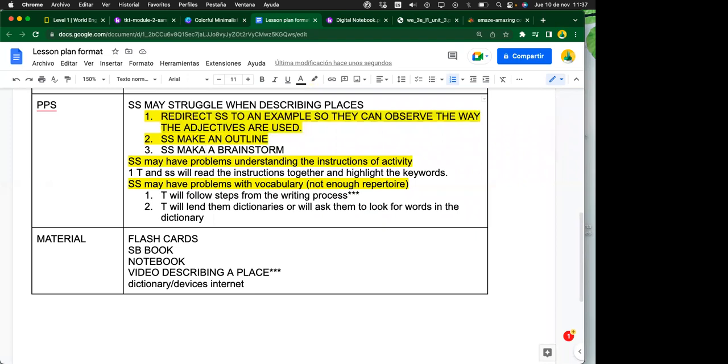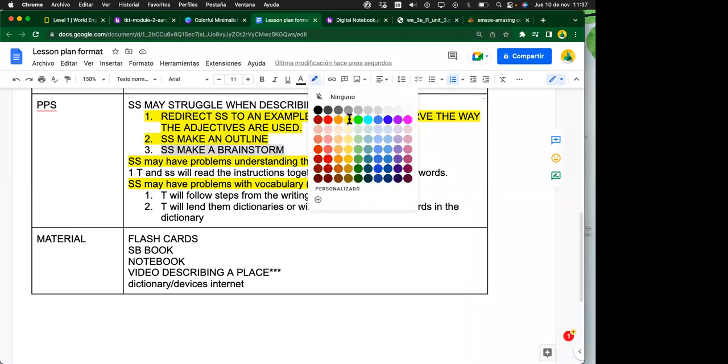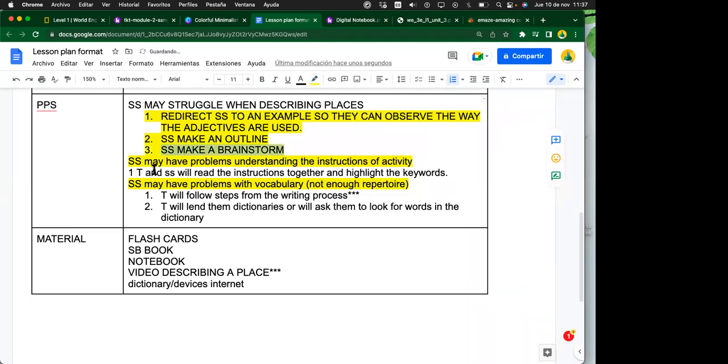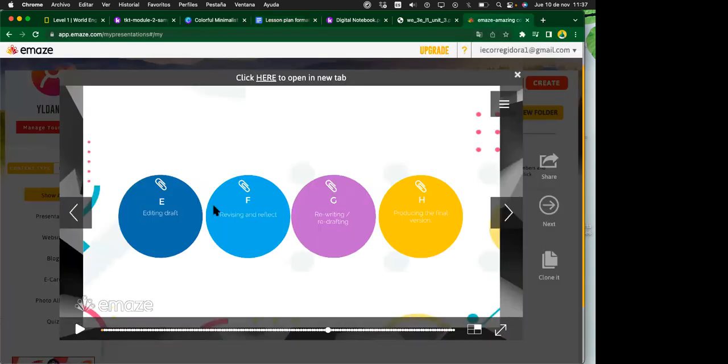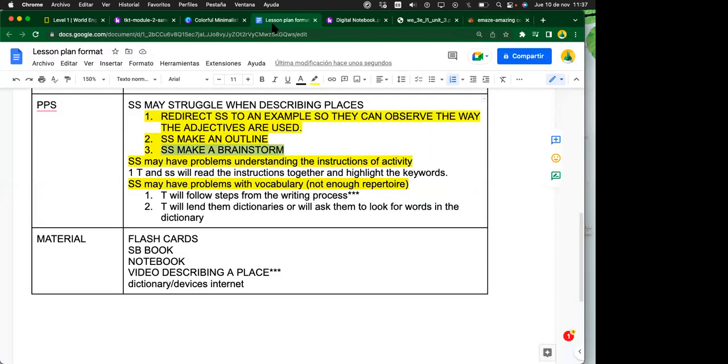Make a brainstorm, pues es part of the pre-writing, ¿no? Entonces este ya lo resolvimos. We follow the, okay, dictionaries, blah, blah. Pues I think that if we follow the writing process, we avoid most of these problems.